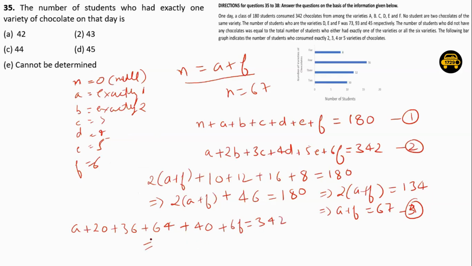Now solving it further, A plus 6F plus, if we add it all, 64 plus 36 will be 100 plus 60, so that is 160, is equal to 342. That means A plus 6F will be equal to 182. I hope this is clear till this point.